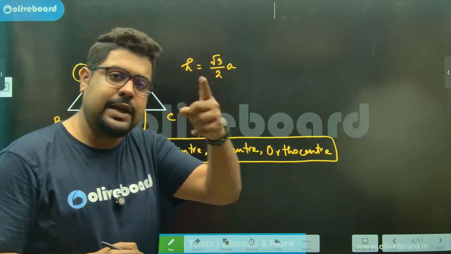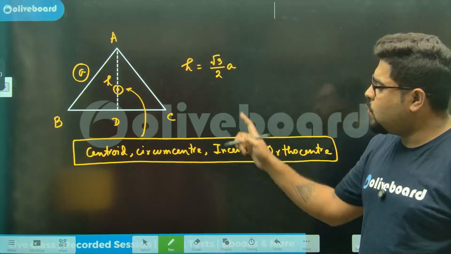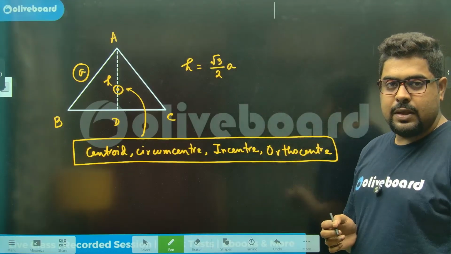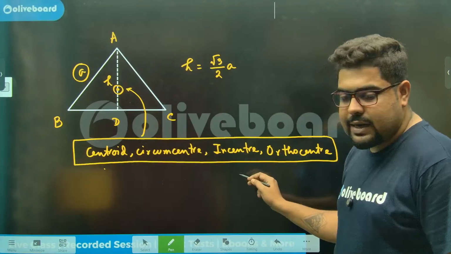This happens only in case of an equilateral triangle, not in case of any other triangle. So again, I can use the property of centroid to find circumcenter and incenter.